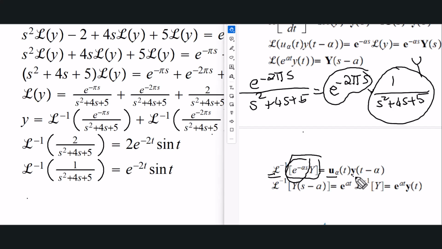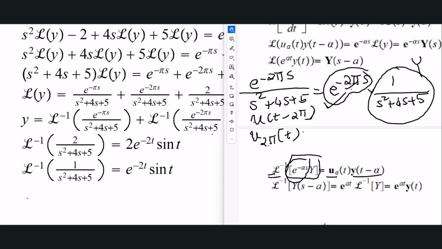It's a product of 2 functions. The first one comes from here, so that will be the Heaviside function, u sub 2 pi of t; you can also write this as u of t minus 2 pi. Feel free to write it any way you would like.